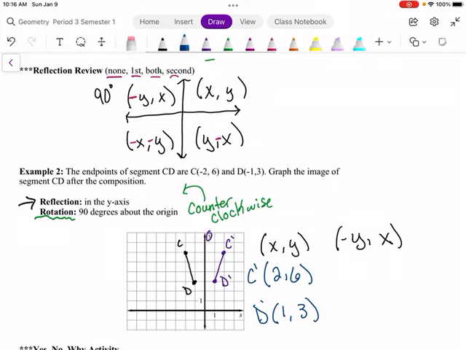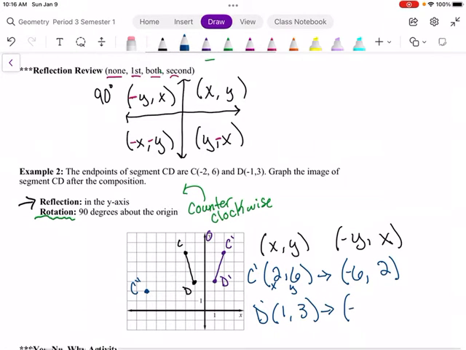So we're going to go ahead and apply that rule. We have our x and our y. So negative y is going to become negative 6, 2. And that is where C double prime is going to go. So 1, 2, 3, 4, 5, 6, 1, 2. Go ahead and we can plot that point. Same thing for D double prime.